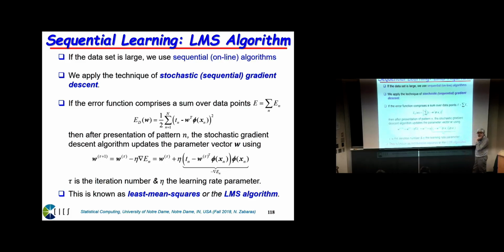Remember I said for stochastic optimization, you do something like that. It comes from the gradient of this error function here, and eta is a learning rate. This is the stochastic optimization algorithm.